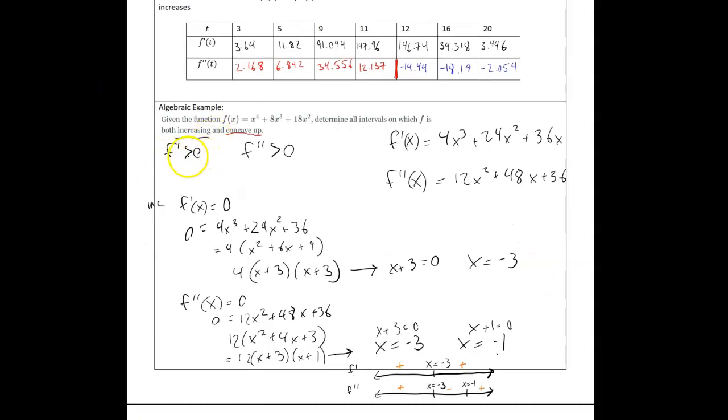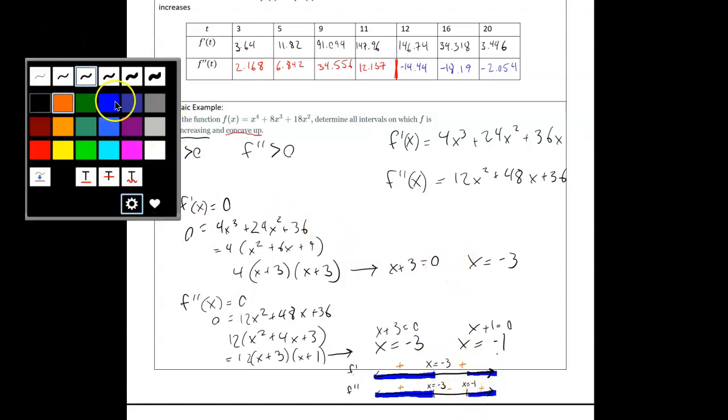Now, remember what I was asked for is where both my first derivative and my second derivative are positive. So in other words, we want everywhere where my sign chart overlaps. So here satisfies my condition, and not in the middle, but up here it does. So there is this region here where my function is increasing but concave down. So we're going to skip that when we write our solution.